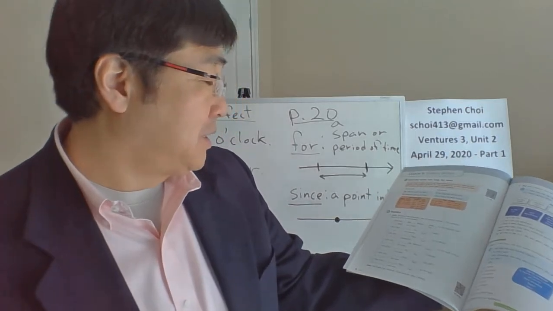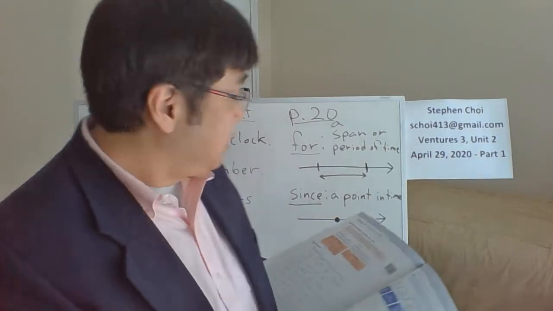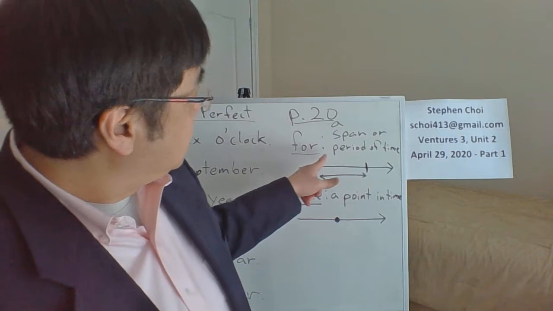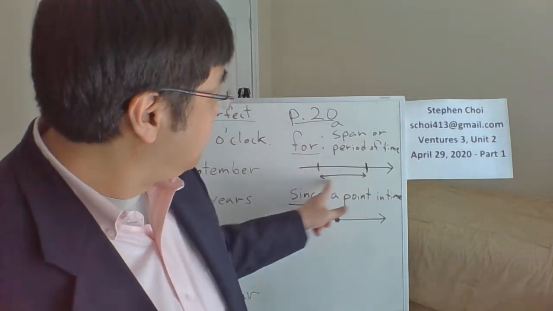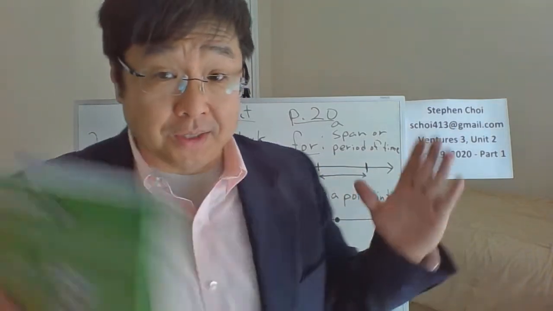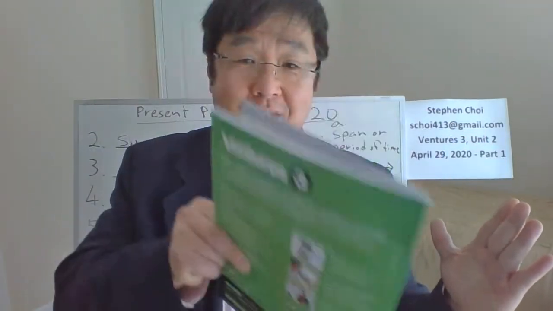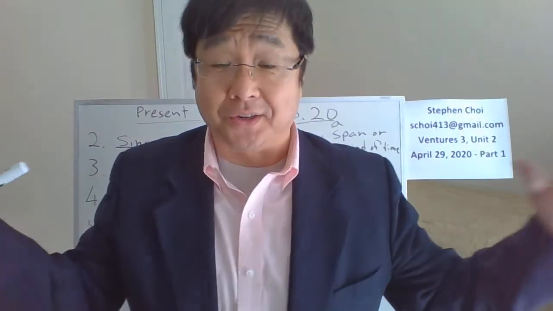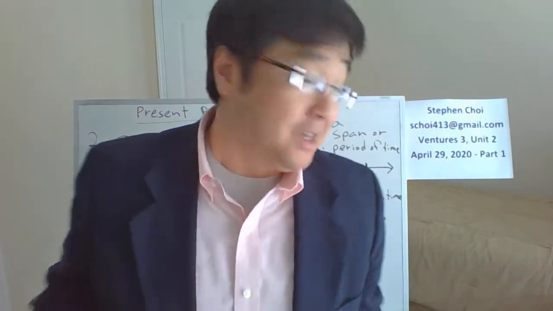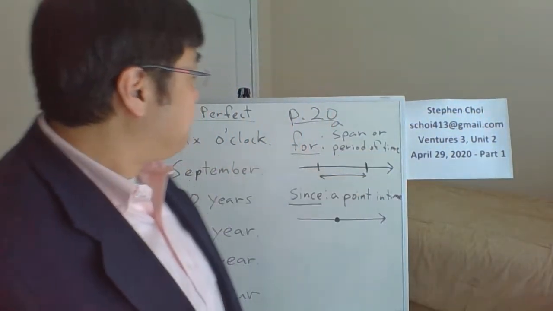And the answer is 4 months. So 4 months, is that a span or period of time, or is that a point in time? So you got 0 month, 1 month, 2 month, 3 month, 4 months. So that is a period of time.